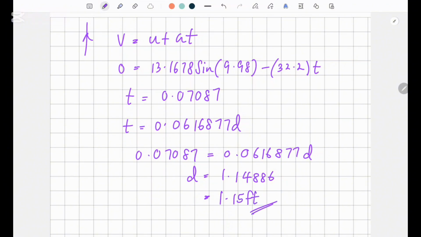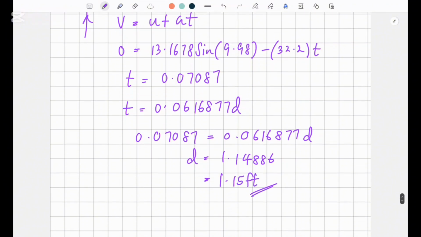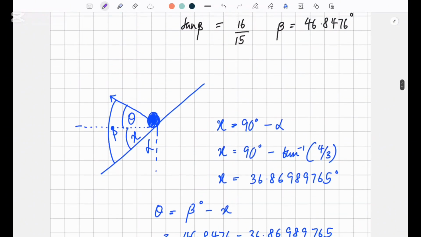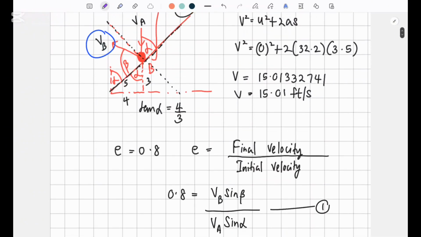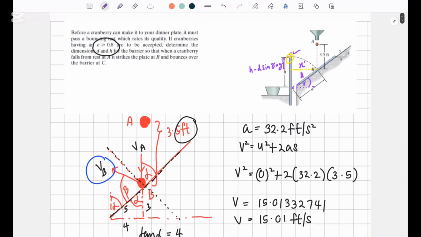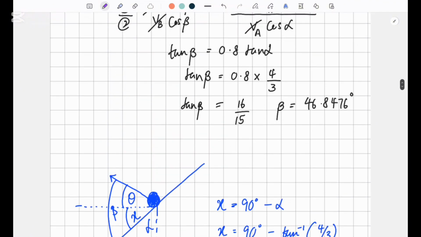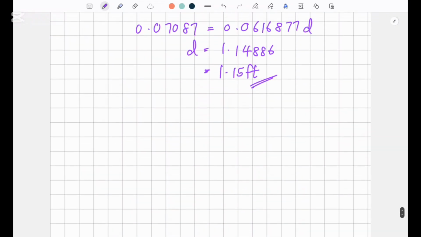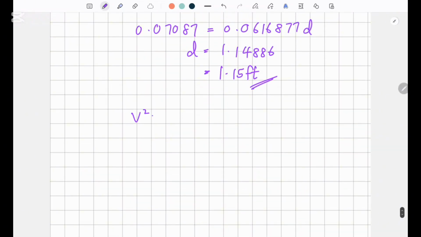Okay, and now to find H, let's consider the vertical, because H is our vertical, right? I told you guys the vertical speed at C is 0. So we can use v squared equals u squared plus 2as.